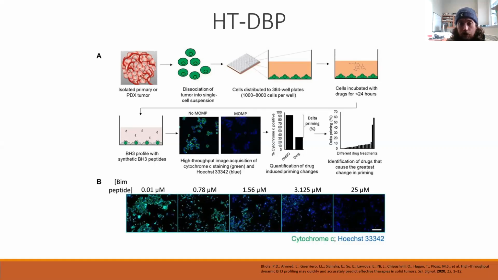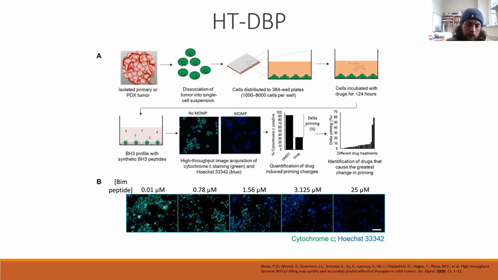So it's essentially a very high throughput drug screen to see which drugs will potentially work in this sample, like a patient sample or a murine tumor model.